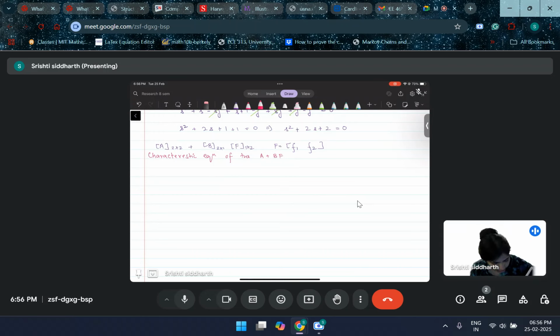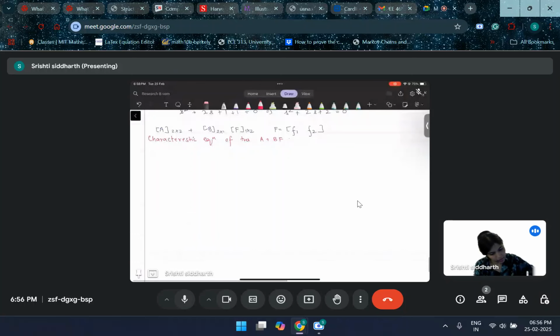So this is the determinant of A plus BF minus sI. This should be equal to 0. So we have, first write down what A plus BF looks like.